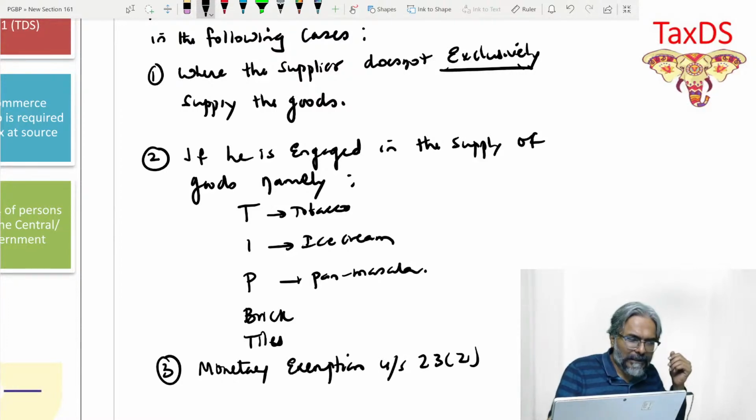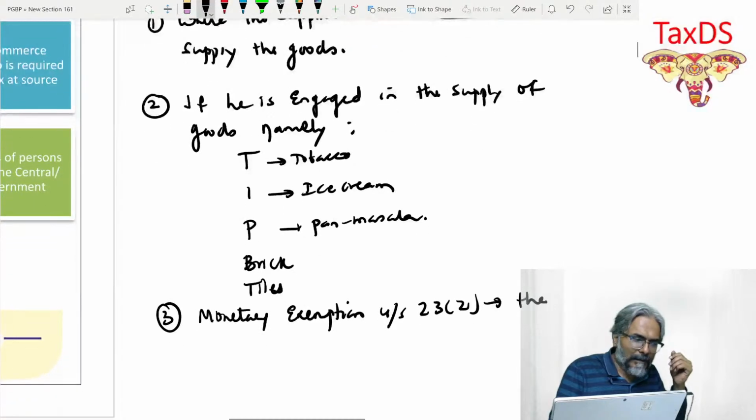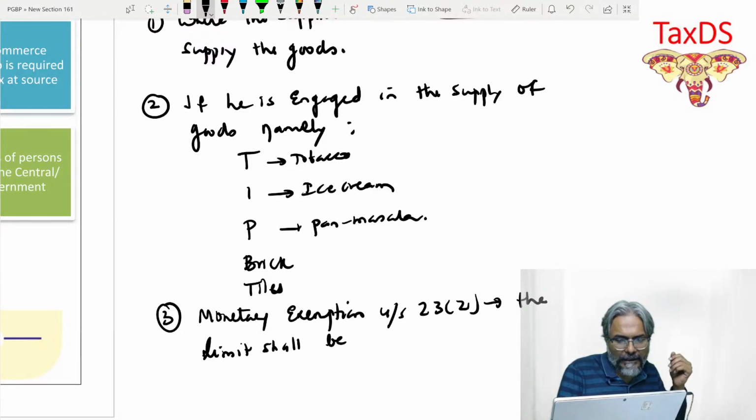We are now going to see the limit shall be the reduced limit. What is the reduced limit?